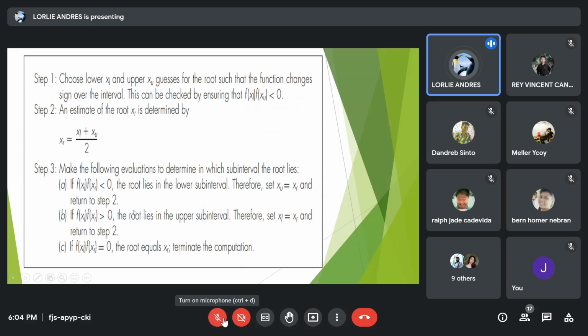So diri nato mahibal-an karon kung unsa ang value ni x sub U or x sub L during the next iteration process.